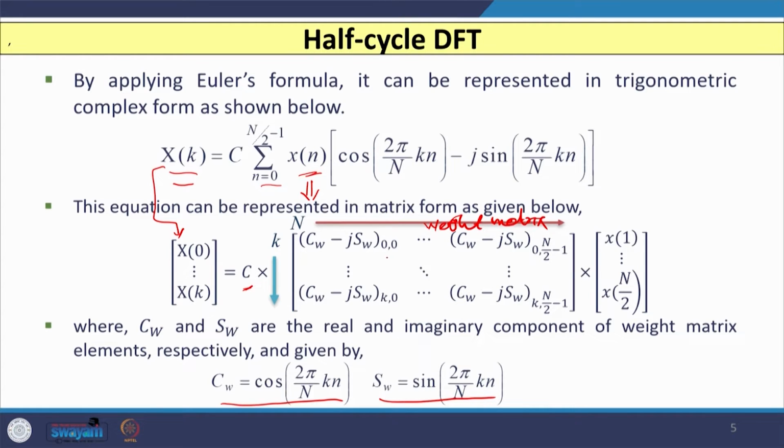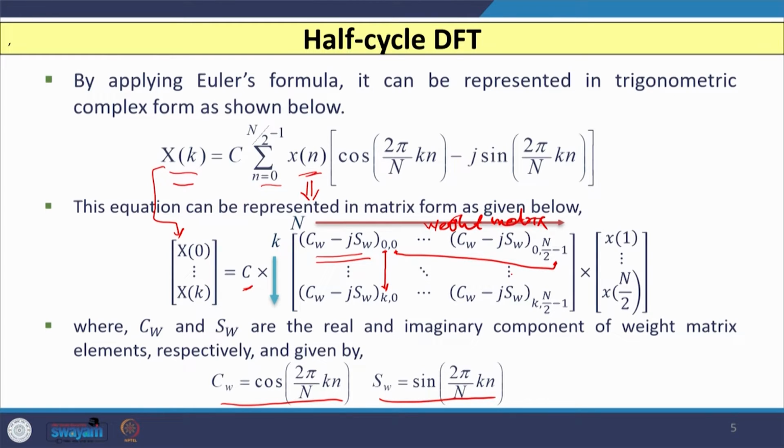However, the only difference is in the first element of the weight matrix. The first number varies from 0 to k, whereas the second number varies from 0 to N by 2 minus 1.